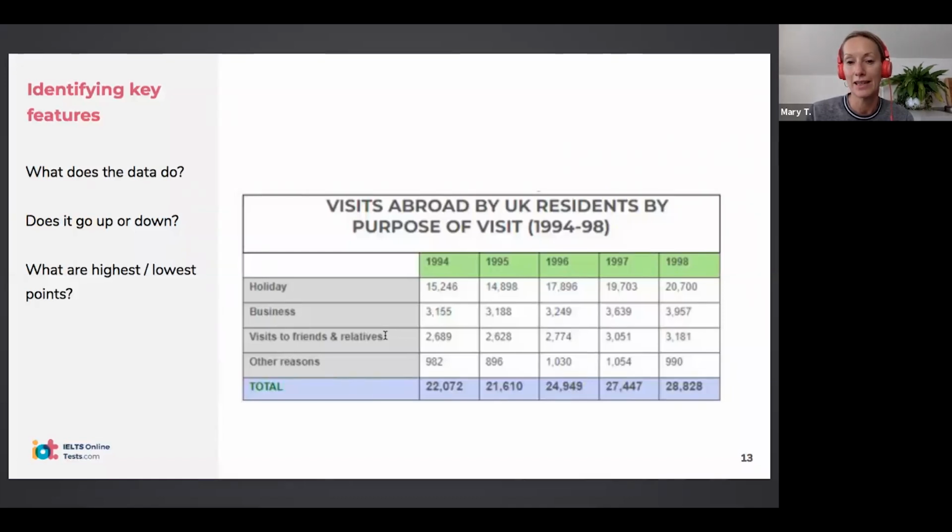So the highest is 1998. And the lowest? Yeah, Sky, yeah, 1995. So I think for each section it's 1995, that's right. So there's a slight dip in 1995 and then it increases after that. Any similarities at all?